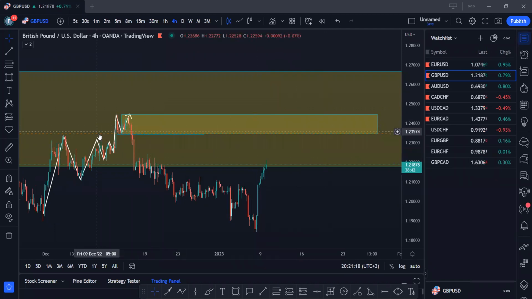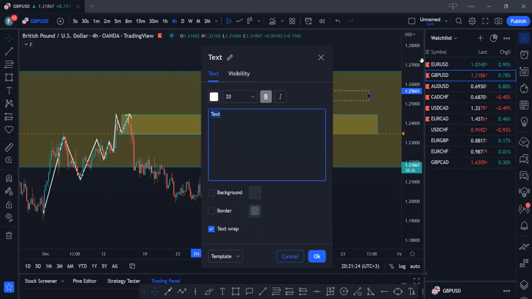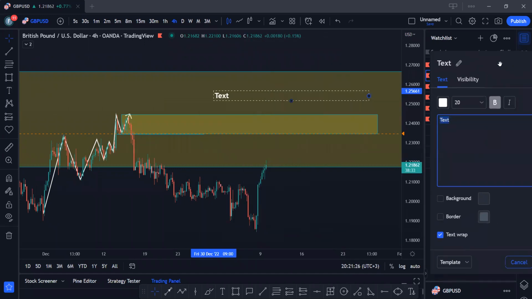I recommend that you set your alert here. So over here at 1.23518. Okay.